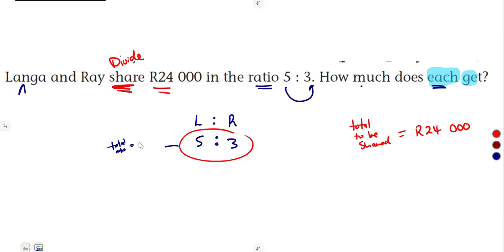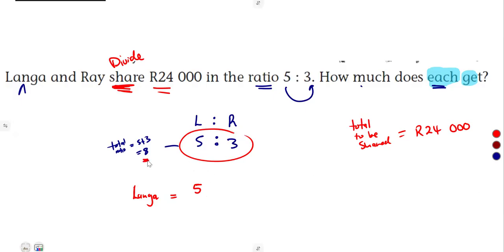Our total ratio is going to be 5 plus 3, which is 8. So therefore, Langa is going to obtain how much? Because according to the ratio, he has 5 parts. This is what he is going to obtain. Out of how many?